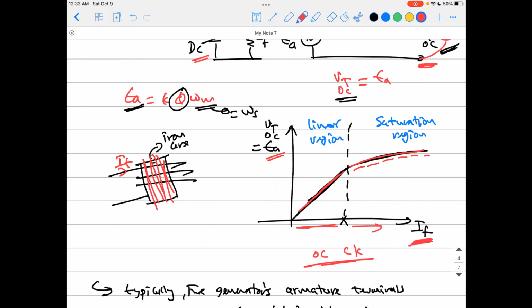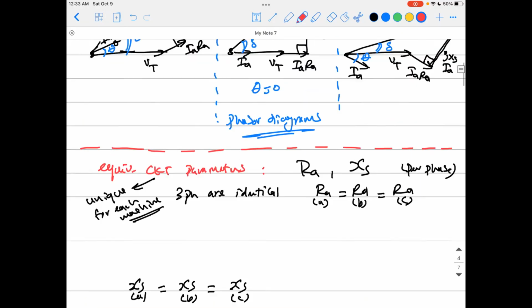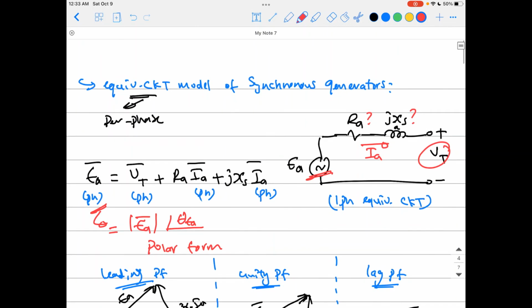We just didn't have a means to access EA, which is something inside the machine, other than having this relationship and using it. So we just know the amount of field current we are dealing with and enter these characteristics to find the corresponding E. Now we have EA and XS, so you can use the very first equivalent circuit like this to predict the performance of the machine, whatever it is.